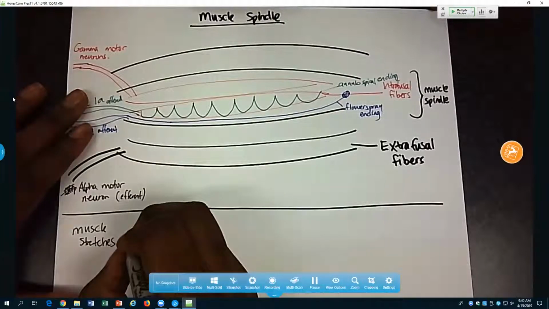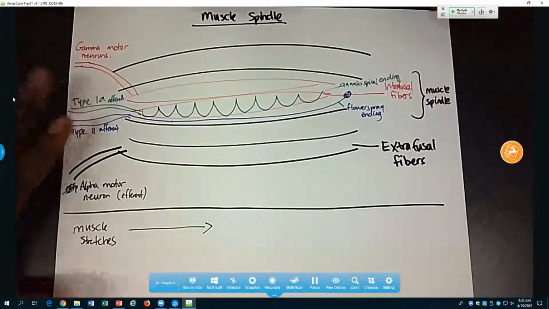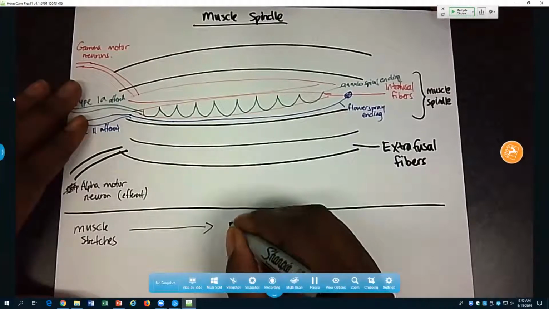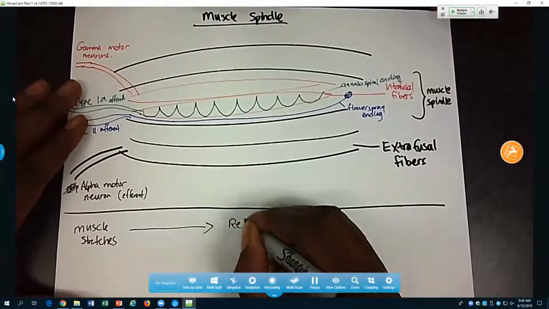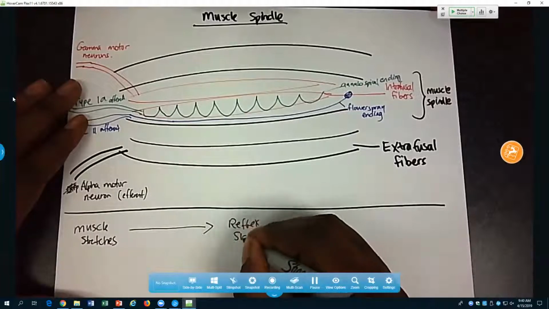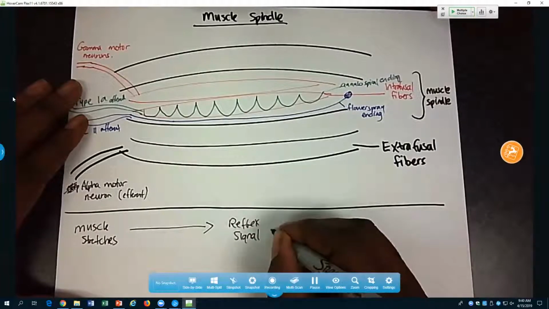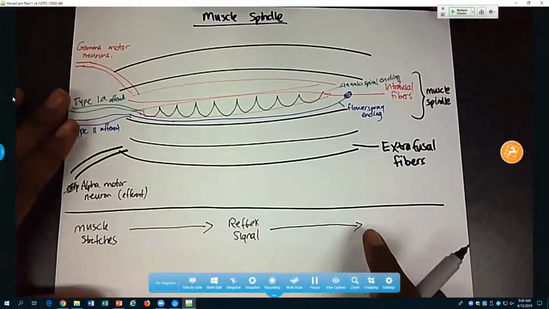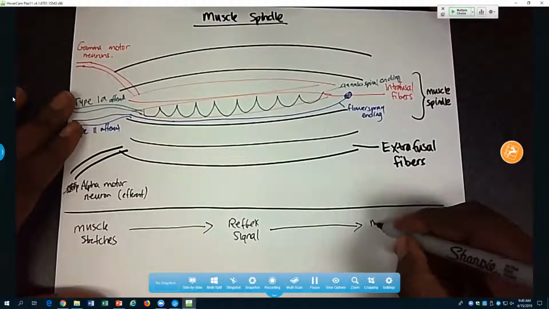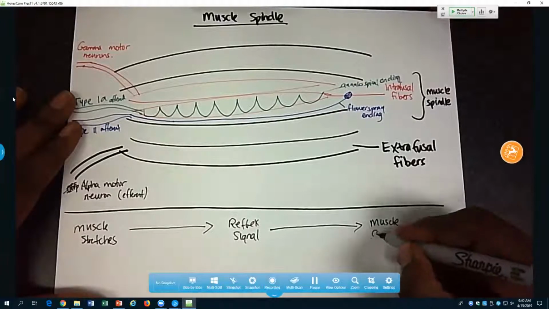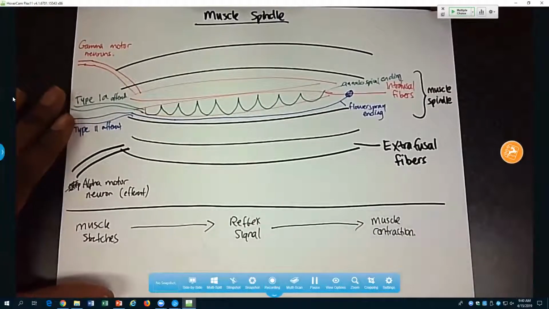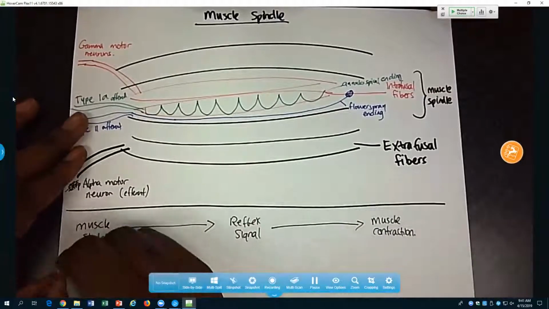That is going to send a signal to the central nervous system on afferent fibers. The CNS will then send a reflex signal back out to the same muscle group that's going to bring about muscle contraction. So we have the spindle detecting the length at first.